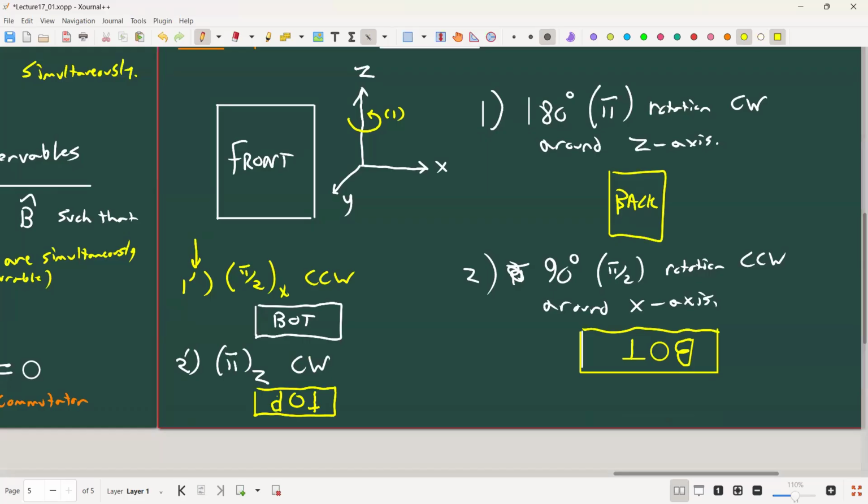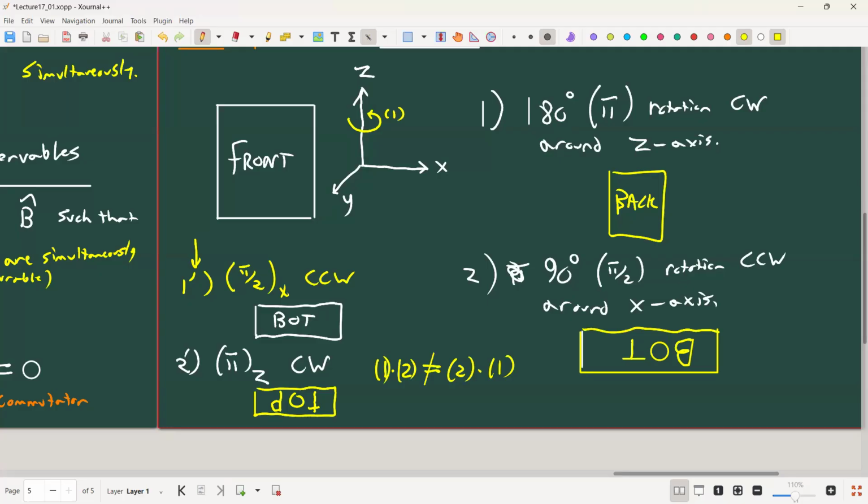As you can see, rotation 1 times 2 is not the same as 2 times 1. Rotations are not commutative. Very simple proof. Some of them are. I just told you last class I came up with one that worked perfectly and commuted. So some of them commute, some of them don't.